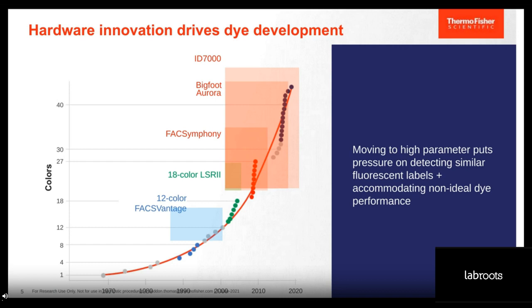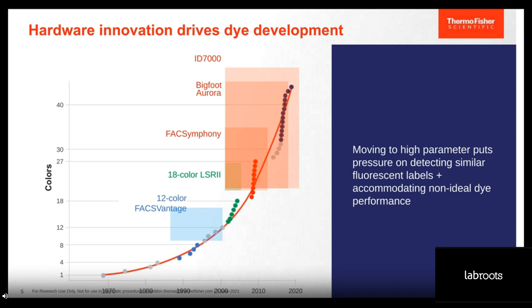And in addition to all of that, as we build to more and more parameters, think about how much hardware innovation has happened, especially in the recent past. Early on, there were cytometers like the FACSCalibur, then expanding to the FACSVantage with 12 colors and the LSR II with 18 colors.